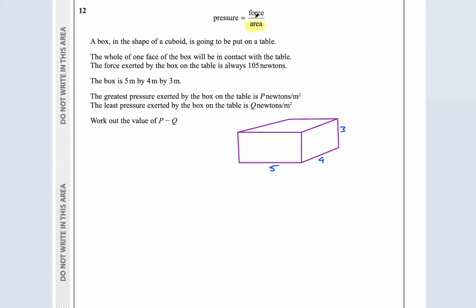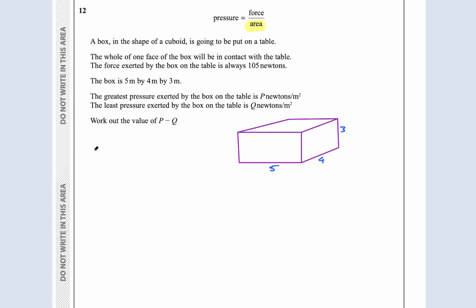But if you put a needle on someone's arm, it'll cut through their skin, because the area is so small, the pressure is greater. So basically, the point I'm trying to make is higher pressure means smaller area.